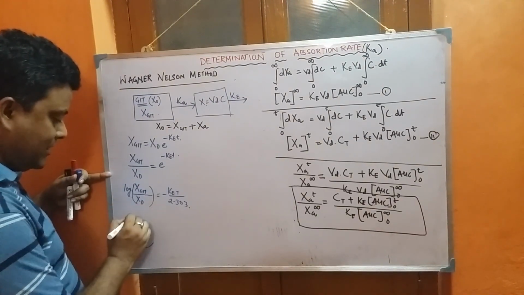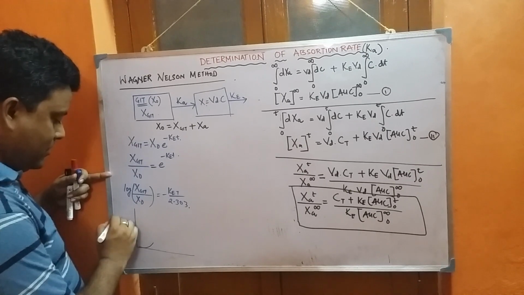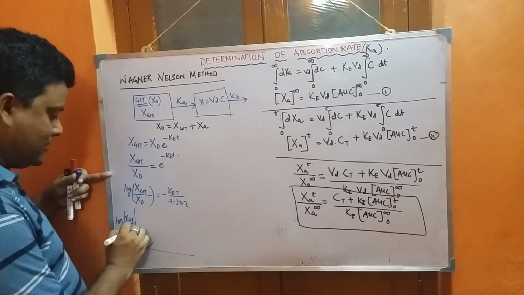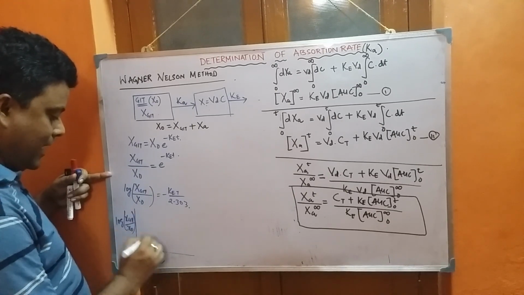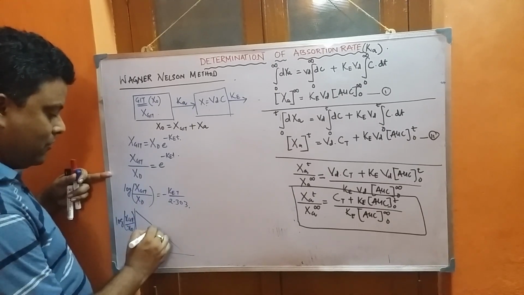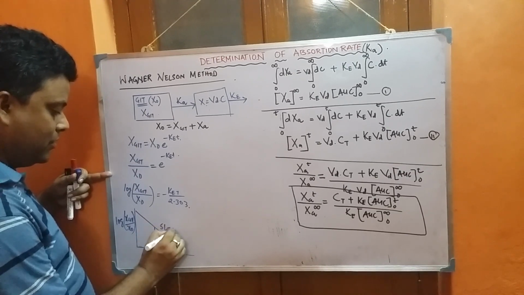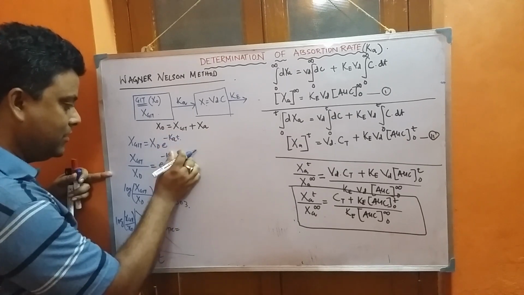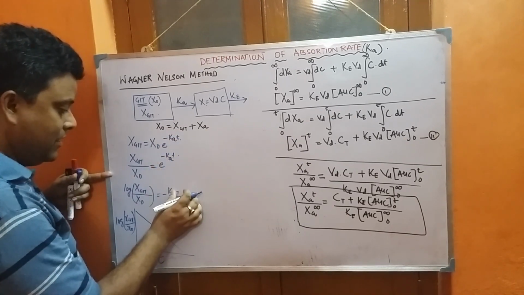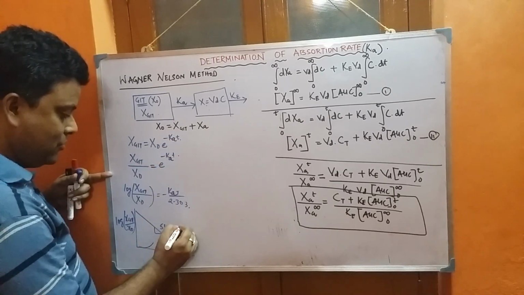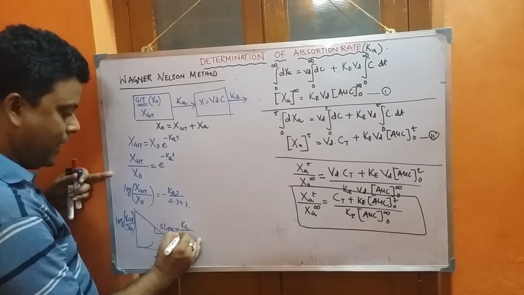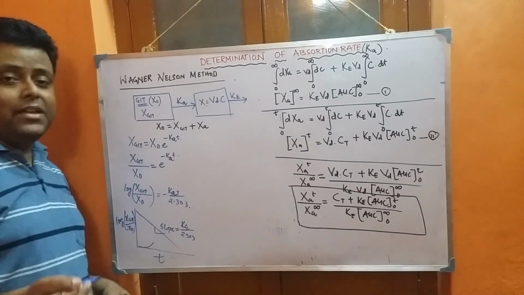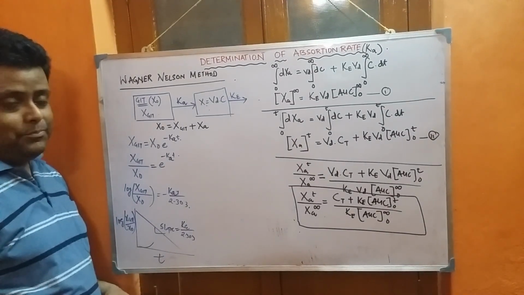If I take this consideration, log of XGIT by X0 against time gives a slope. I made a little mistake. It is Ka, so the slope is minus Ka by 2.303. From this slope I can determine the value of Ka.